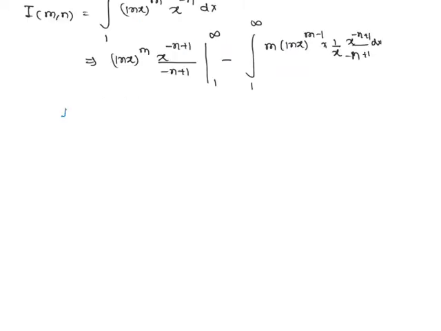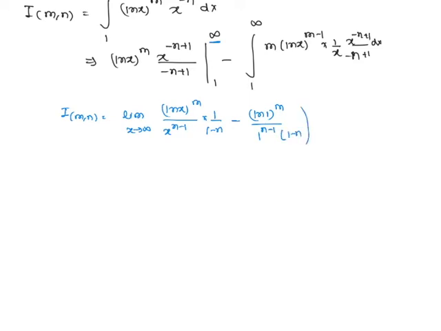Now if I put I(m, n), so if I put infinity, this will become limit x tending to infinity of (ln x)^m divided by x^(n-1) into 1 by (1 minus n), minus, if I put 1, (ln 1)^m divided by 1^(n-1) into 1 by (1 minus n), correct.